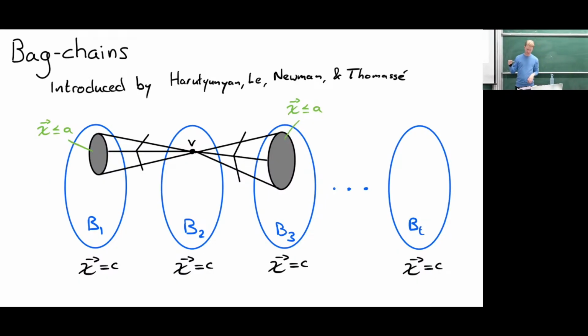If you look at the out neighborhood of a vertex in the previous bag, those are wrong direction neighbors because they're in the previous bag, then their dichromatic number is small. It's very small. This A can be much, much smaller than C. And also wrong direction neighbors in the next bag. So if you have a vertex V, its in neighbors in the next bag also have small dichromatic number. And this is a standard structure that you can use to show many nice properties, and it's one of the most successful tools in the area.